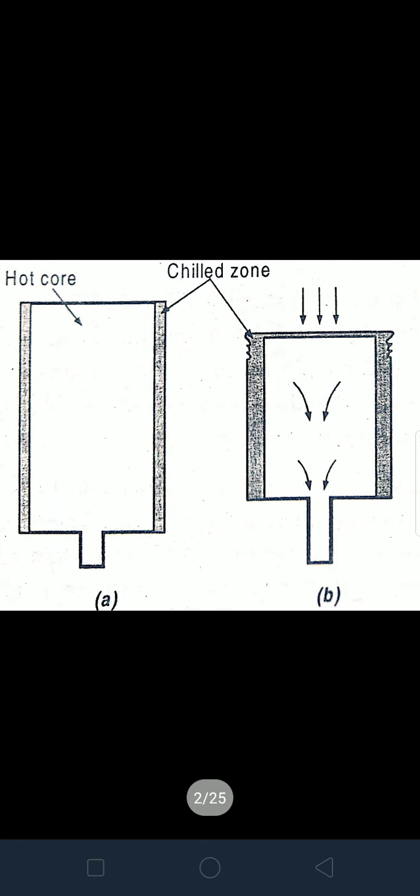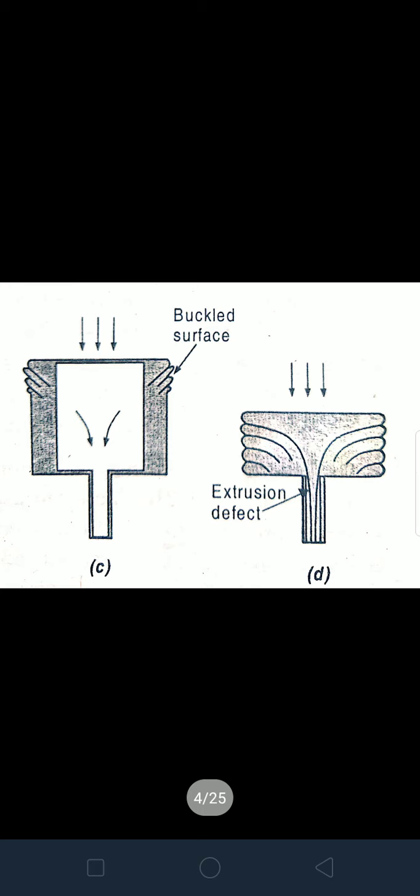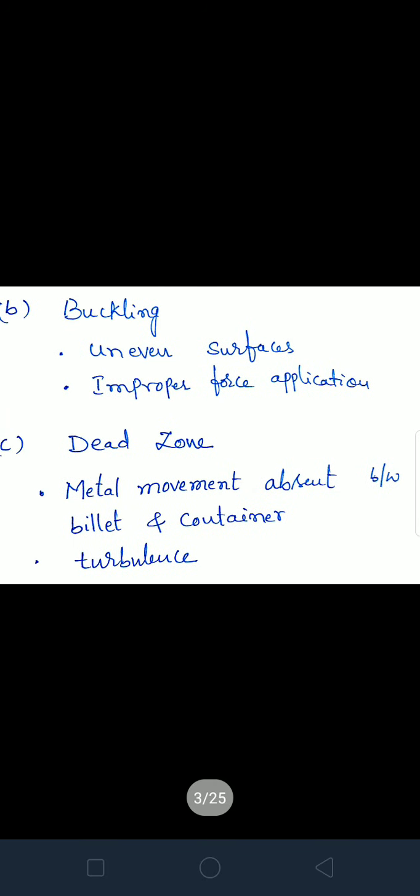Under pressure, the hot core is more easily extruded than the chilled skin, which remains in the container. As extrusion proceeds, the chilled outside skin begins buckling, as clearly shown in the next figure, and it is finally forced into the die and gets extruded. This buckled chilled metal in the extruded product forms the extrusion defect, also called the buckling or warping defect.